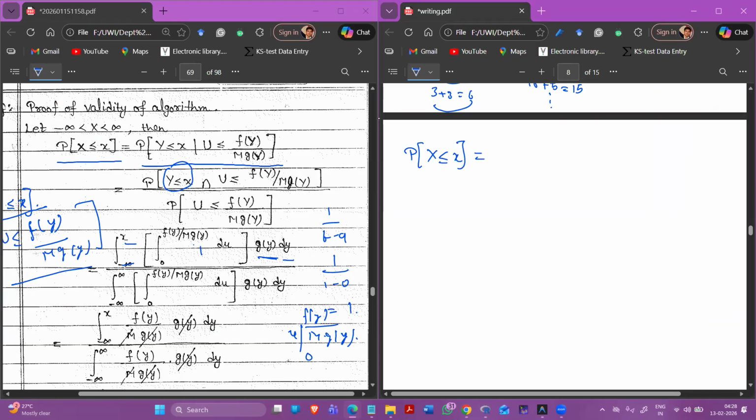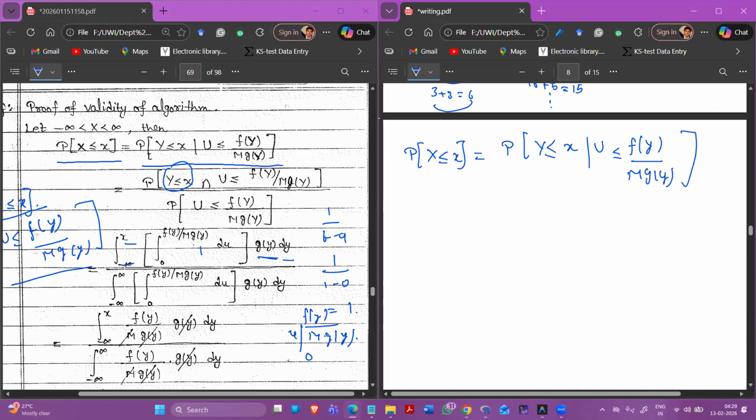For that you have the probability y is less than or equal to x, given that u is less than or equal to f(y) divided by M g(y).